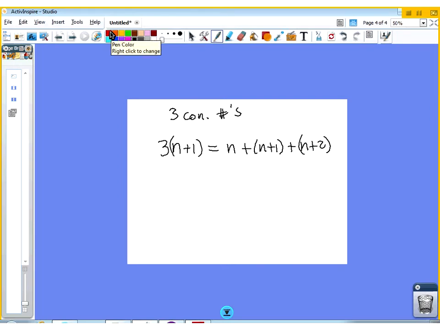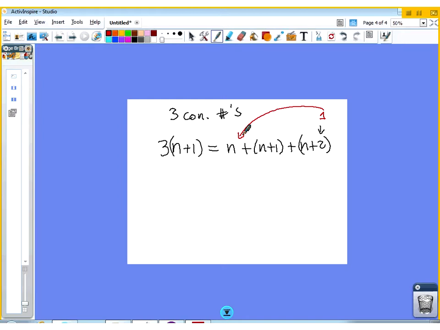Why is that? Because you can borrow one of the ones here and move it over here, and you have 3 times n plus 1, right? You want to look at it like that. So 3 times n plus 1, if you can write it that way, you can write it as a sum of consecutive numbers. What's the first n you can put here? 1.